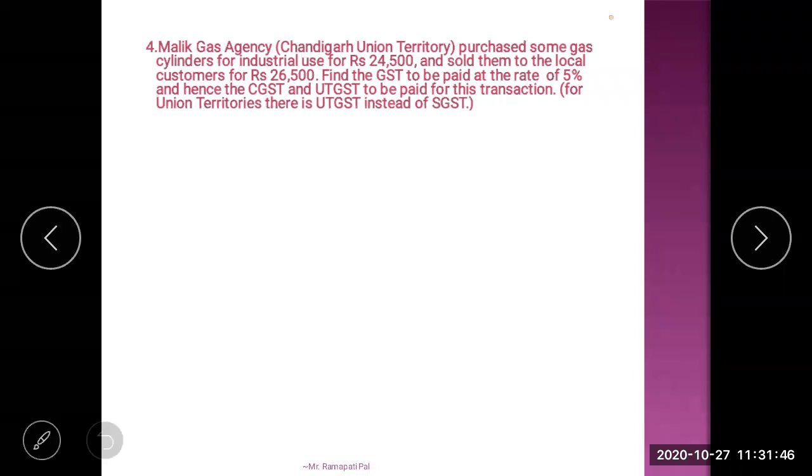Correct? Yes. We have divided by 2. Whatever the GST is, we divide by 2. Suppose our GST is X, so X divided by 2. X upon 2. Correct? Yes, sir. Understood? Yes, sir. Okay, good.